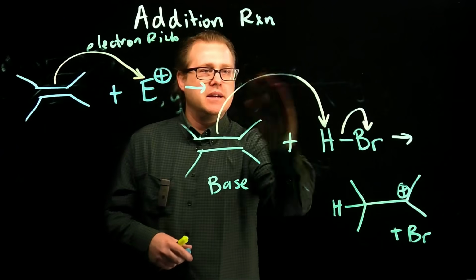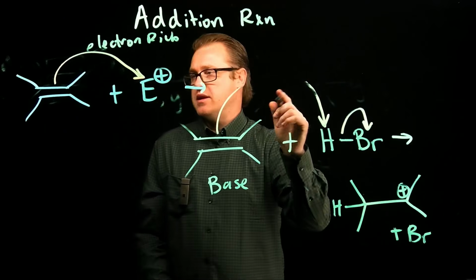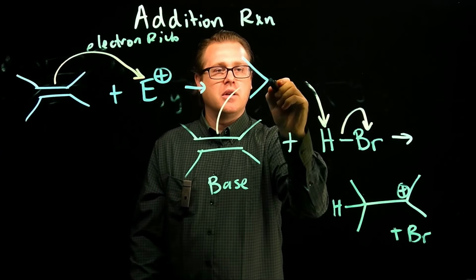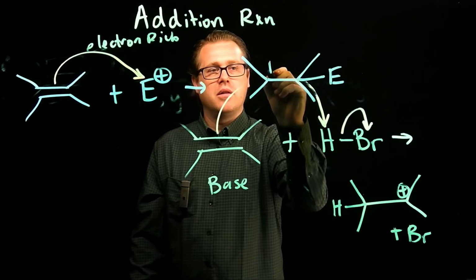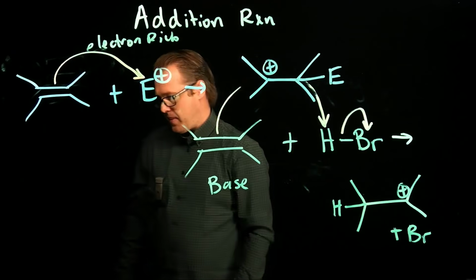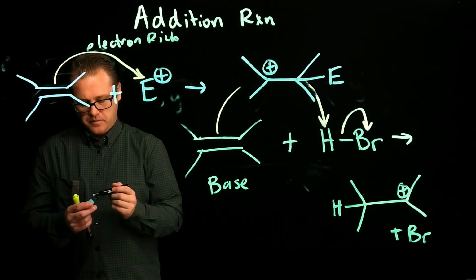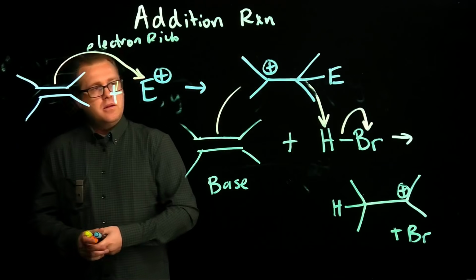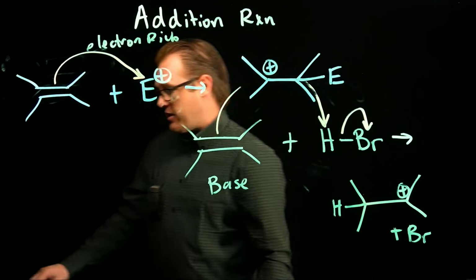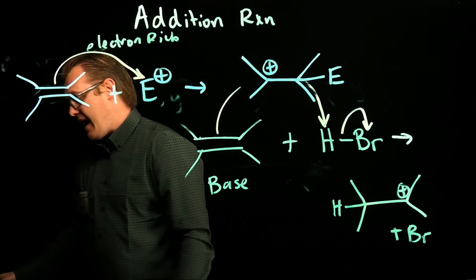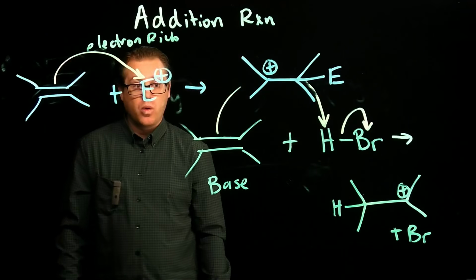So that would give us a product that looks like this, just like that. Okay? So the take-home message: alkenes are electron-rich species and they can behave as nucleophiles or bases.